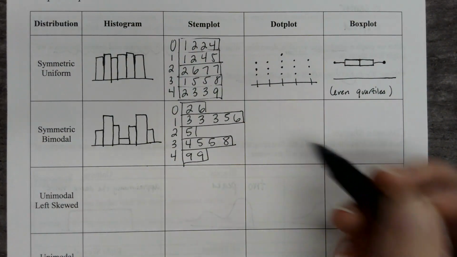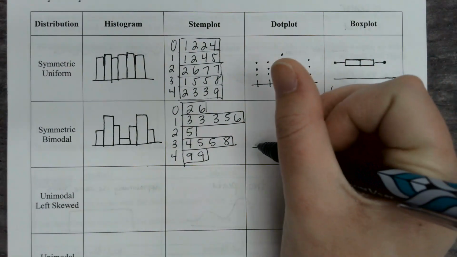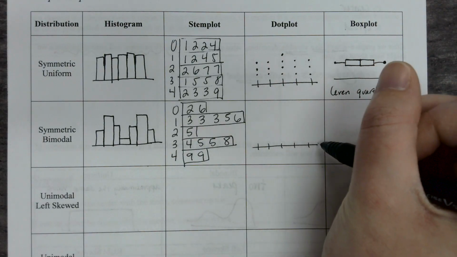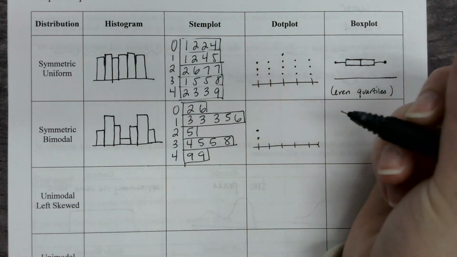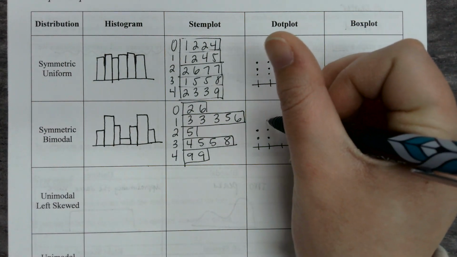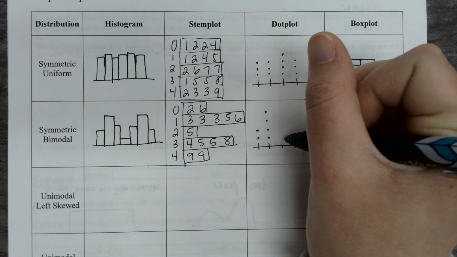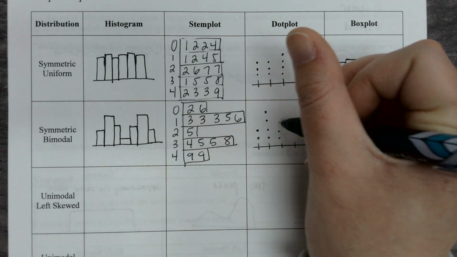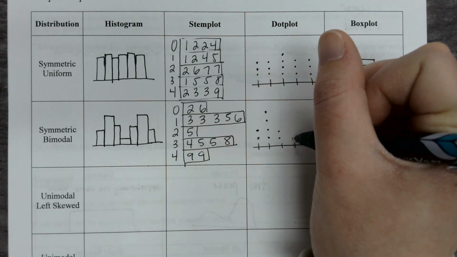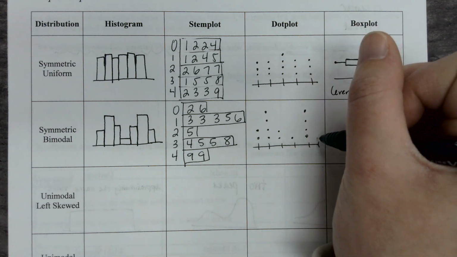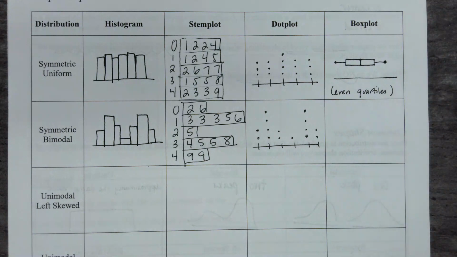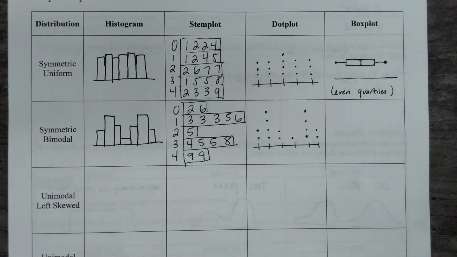All right, when you're looking at your dot plot, let's make sure that we have maybe 2 here. We're going to have a high peak here. Maybe we go something low on the low end, and we come here and have just 1 in the middle, and then it's going to come back up again, and go back down. So bimodal distribution there.